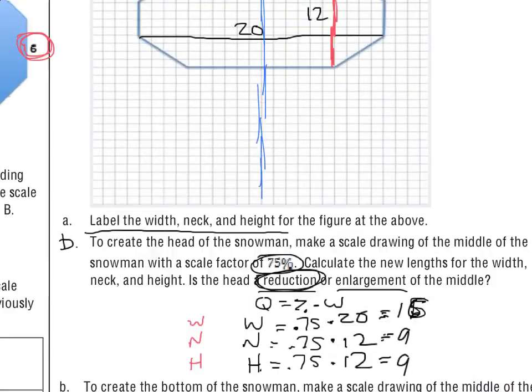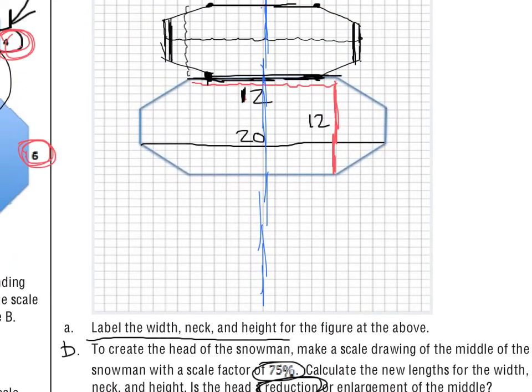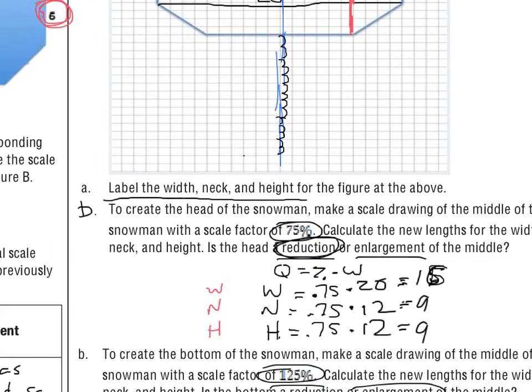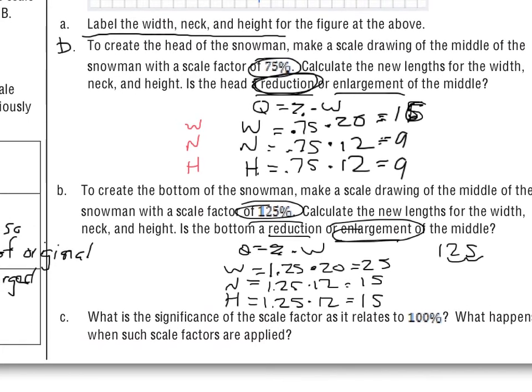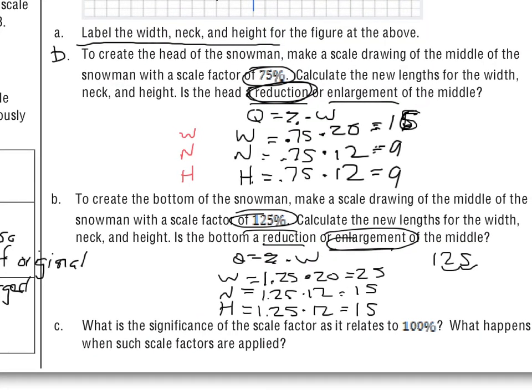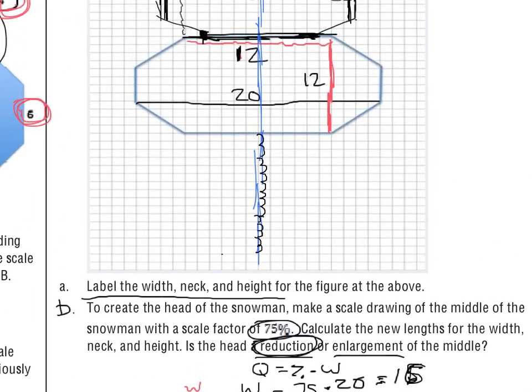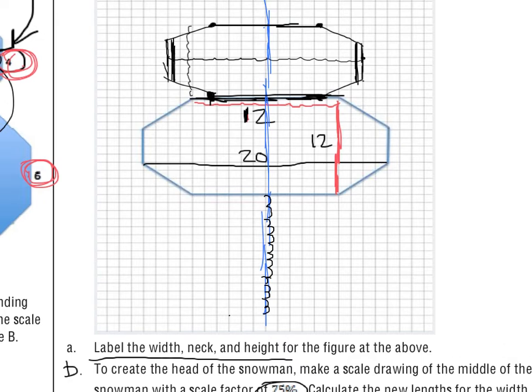I see that my height is now supposed to be 15, so I'll come down my center line and count that it's 1, 2, 3, 4, 5, 6, 7, 8, 9, 10, 11, 12, 13, 14, 15. And I'll go ahead and draw my neck, which changes to 15. So that means 7.5 on each side.